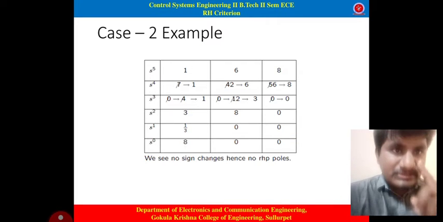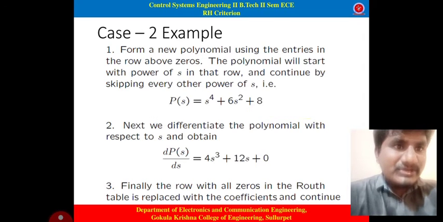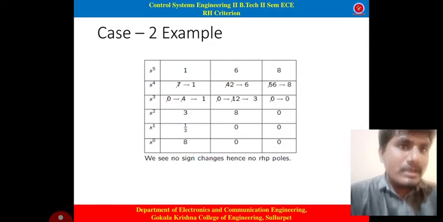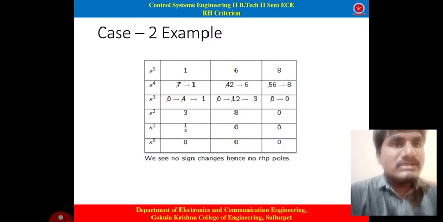We have removed those zeros, and when you differentiate, you get 4 and 12. Write 4 and 12 and one more 0, and since 4 and 12 are divisible by 4, we write 1 and 3. Then you continue, and you see that there are no sign changes, so there are no right hand side poles.